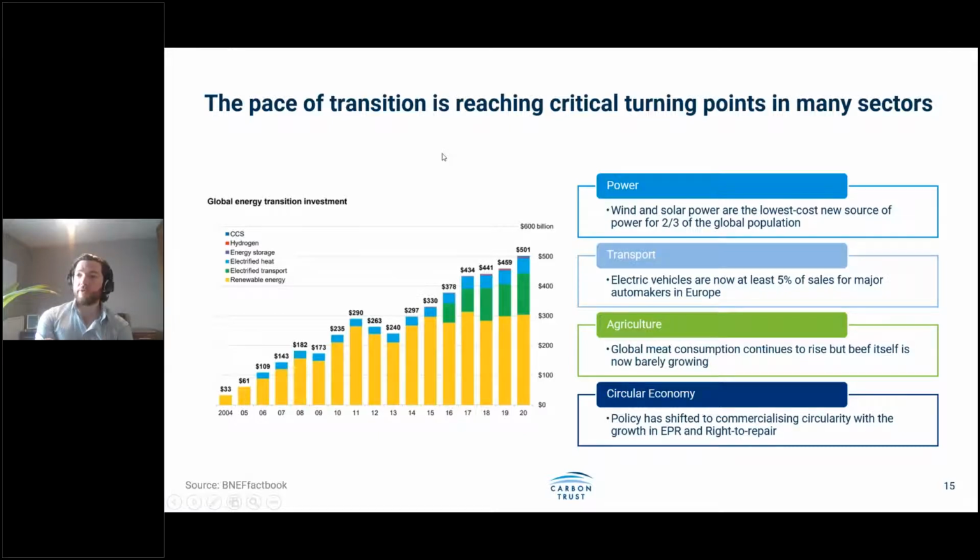But we're also seeing that within the circular economy sector, waste strategies, particularly in Europe, are becoming far clearer and the direction of travel is now much more certain. And from that standpoint, policy is now looking to commercialize and support those areas.